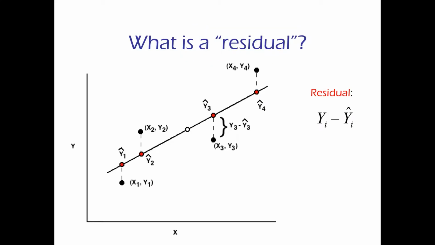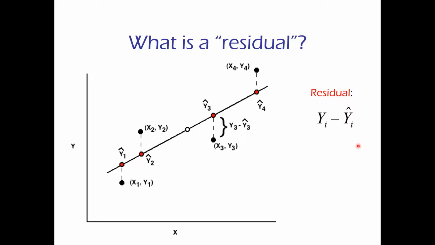Before we move to an actual example, first let me introduce the concept of residual. It's the difference between the actual y value, which is the yi here, and the predicted y value, which is the yi hat here.